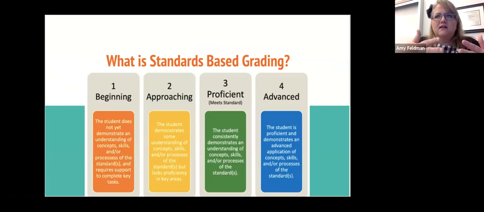It's multiple choice, it's matching, it's quizzes, it's vocab, it's just defining, okay? Then when they're in level 3, they're consistently demonstrating. That means they can actually tell you about it. They can do it. They can tell you about it. They understand it. Then level 4 is, what are you going to do about it? Now that you know this information, what can you do now?